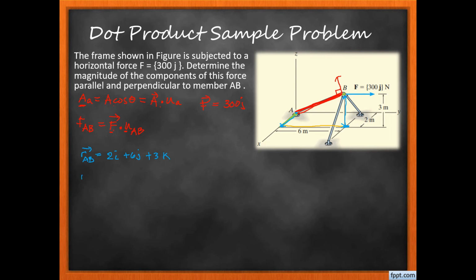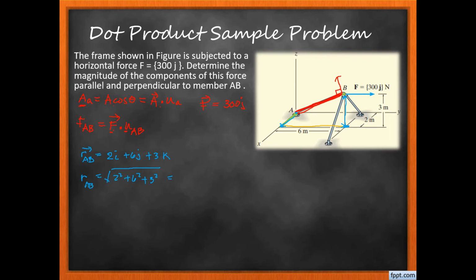So para makuha natin yung ating scalar form, kunin natin yan, 2 square plus 6 square plus 3 square, then square root natin. So kung isosolve natin yan, scalar natin para sa position vector AB, this is AB pa rin.